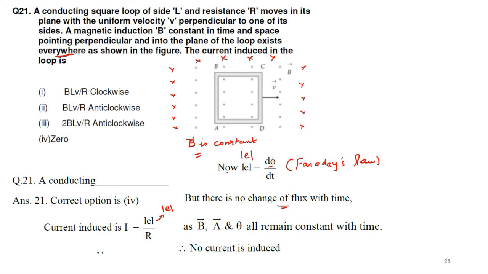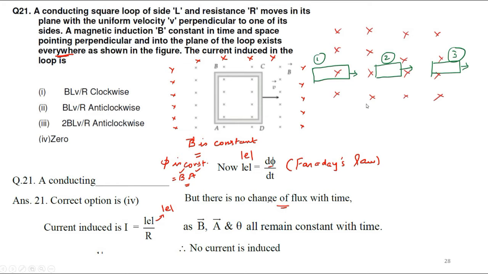So flux is constant, because phi is BA cos theta, here theta is 0, cos 0 is 1, so phi is BA. B is constant, area is also constant. All the time the coil is fully inside the magnetic field. He said the field exists everywhere, that is important.